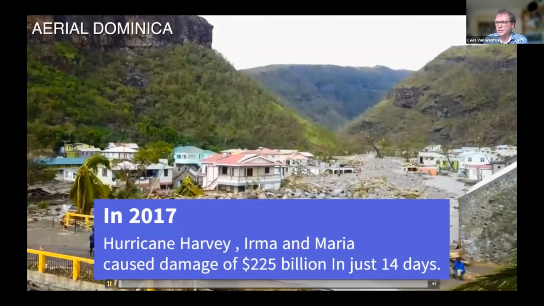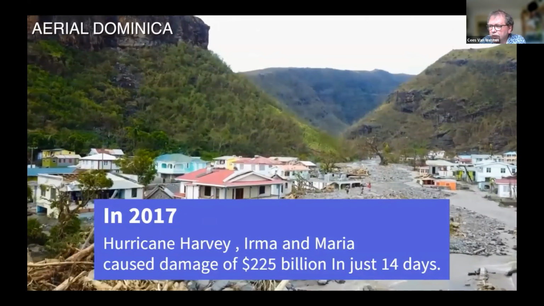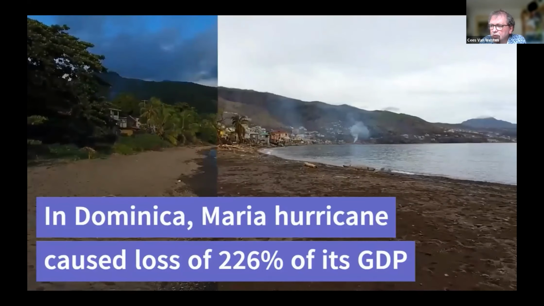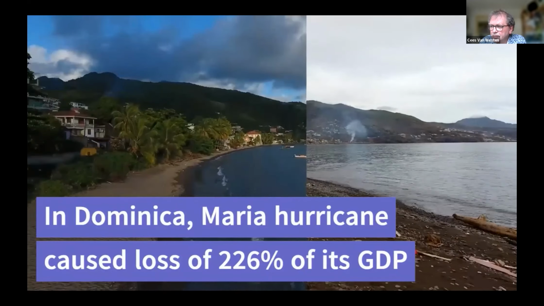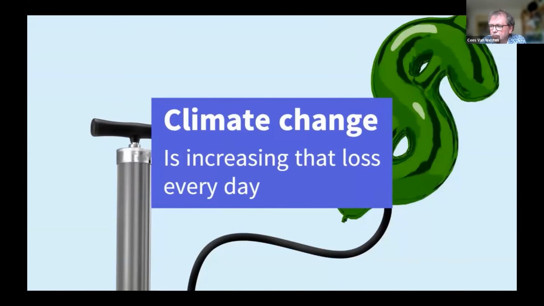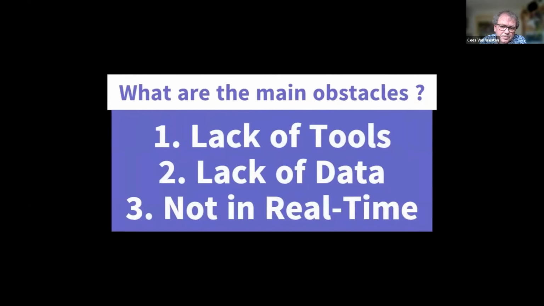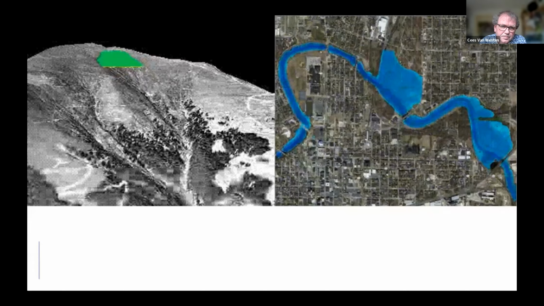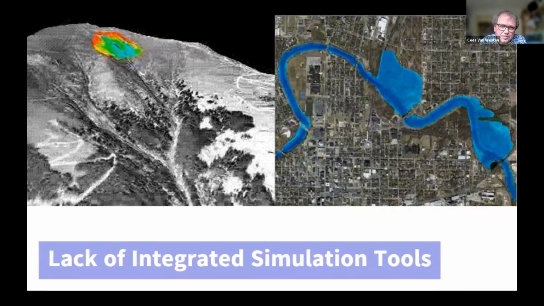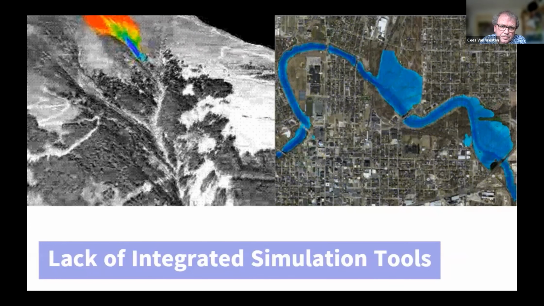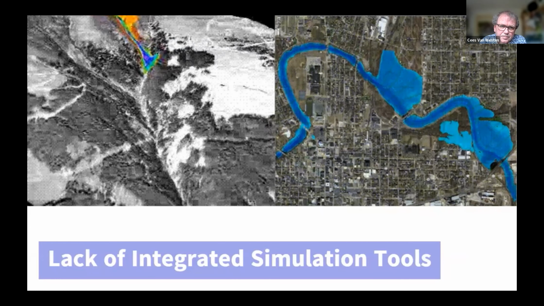Tropical storms have caused major damage in small island states. Their intensity and frequency is expected to increase due to climate change. They cause processes such as floods, landslides, and storm surges. Their impact is difficult to predict because the current models are not capable of modeling them in combination.